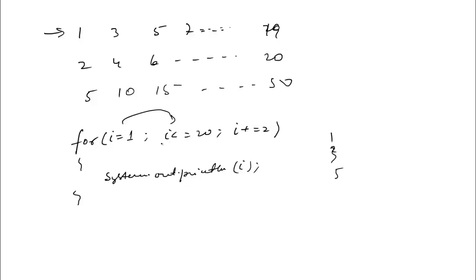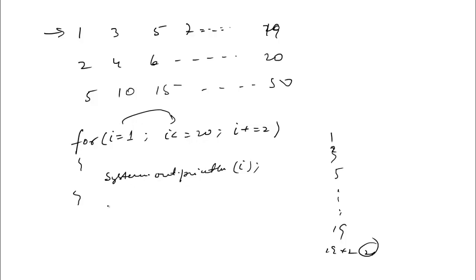Obviously i is 1 and it is not over 20, so it will print this 1, and then i plus 2 gives 3, then 3 plus 2 equals 5, then 7, then 9, like this, and it will reach 19. When 19 plus 2 becomes 21, the condition is false, the loop ends, so it will come out of the loop.